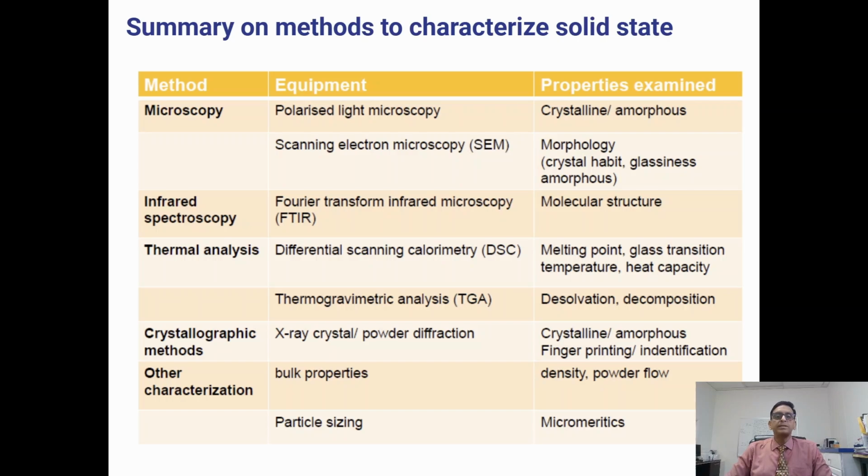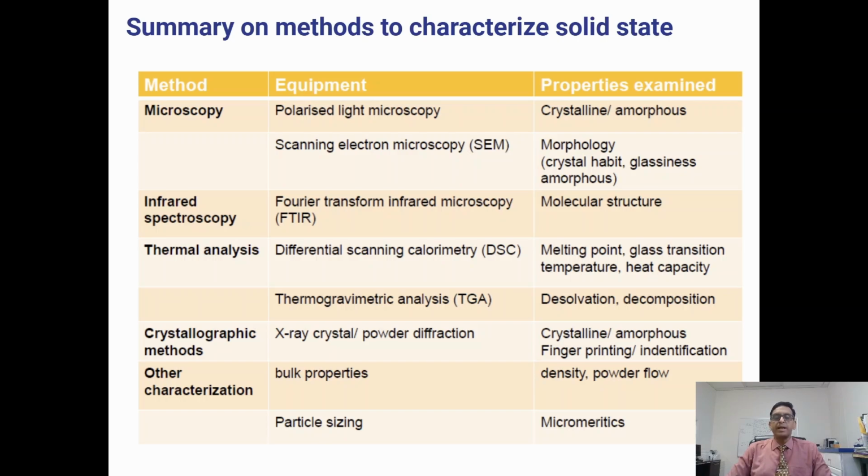Under thermal analysis we have different methods, and one of the most prominent and commonly used is differential scanning calorimetry, or DSC, where the melting point, glass transition temperature, and heat capacity of the drug substance or new chemical entity are analyzed.